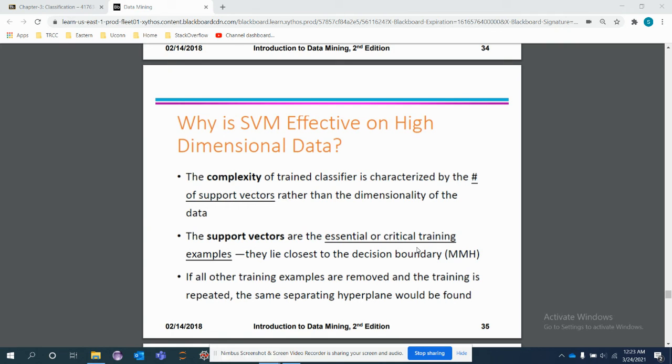We always rely on the number of support vectors to understand the complexity of the training data set or our training classifier. And as we have various support vectors, they are really meaningful for correctly training on the data set and defining the decision boundary.